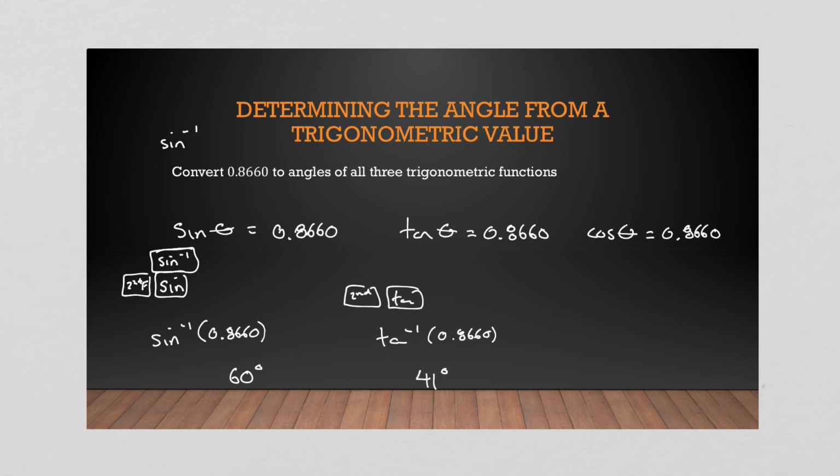And then for cosine, you're going to hit second function and hit the cos button. And that way you'll get cos -1. And cos -1 of 0.8660 gives you 29.99, so 30 degrees. So get comfortable when you're solving for an angle, you use the -1 value, okay?